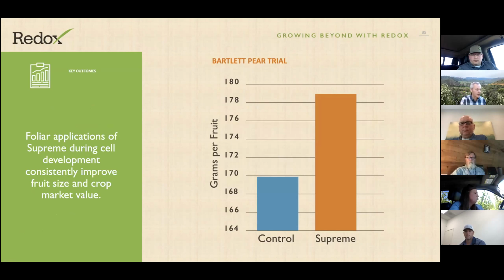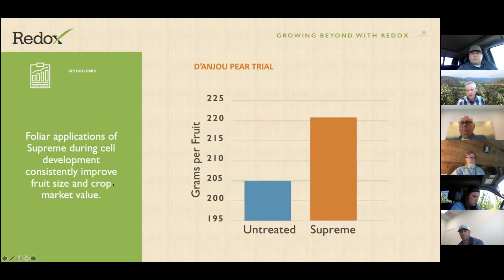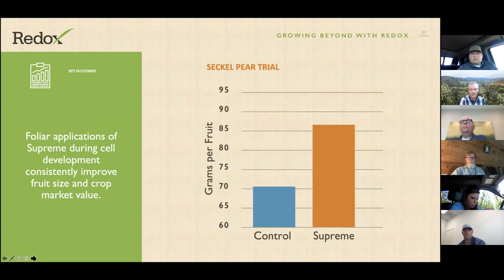And again, the size of the fruit is really important. It's more important than yield in a lot of cases, although it is a factor of yield. D'Anjou pears, we saw an increase on average of 7%. Seckel pears was close to a 20% increase in size.